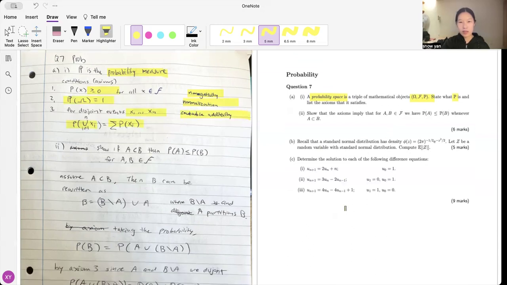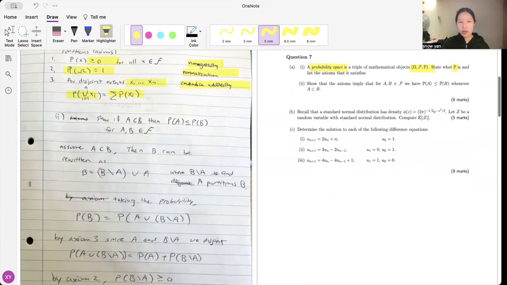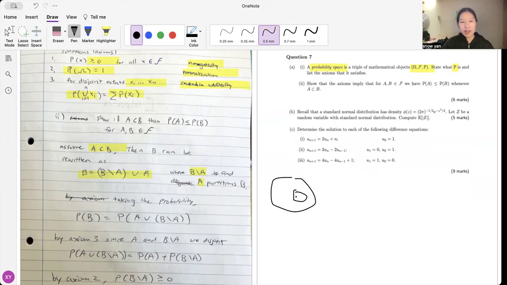In part two, we're asked to show that the axioms imply that for A, B that are events, P(A) is smaller than or equal to P(B), whenever A is a subset of B. So over here, we're just going to assume that A is a subset of B. Then we can rewrite B as B not part of A, union A. So A and this part partition B, because whenever we split a set, we have the part in A and then the rest of the things that are not in A are part of B, right?